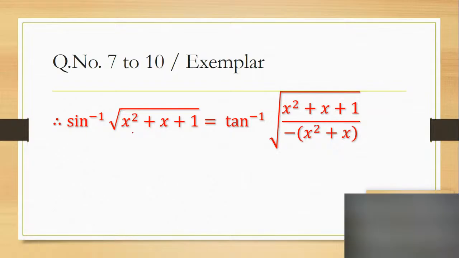So sin inverse of x square plus x plus 1 equals tan inverse of x square plus x plus 1 by root of 1 minus x square plus x. There is no problem to understand up to this step. So let's see here.